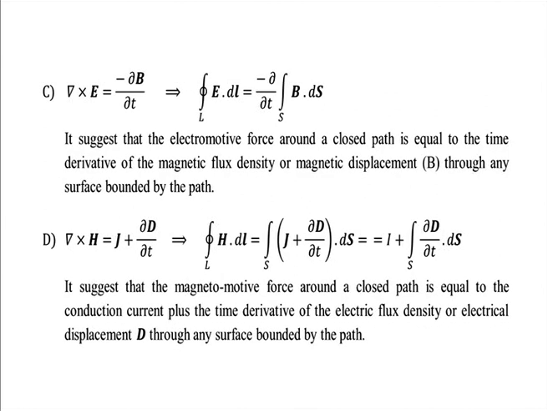The third and fourth Maxwell's equations indicate that a time varying electric field gives rise to a time varying magnetic field, and a time varying magnetic field gives rise to a time varying electric field. These two curl equations form the basis of electromagnetic wave propagation.